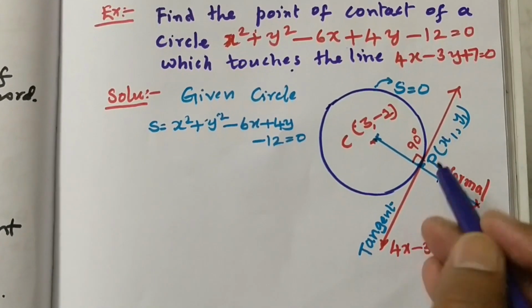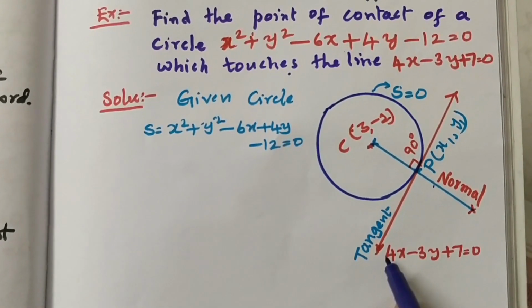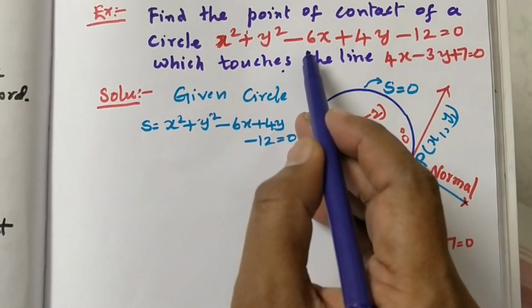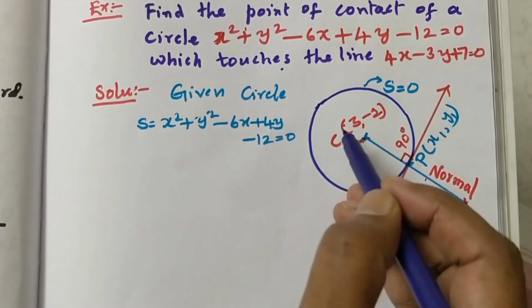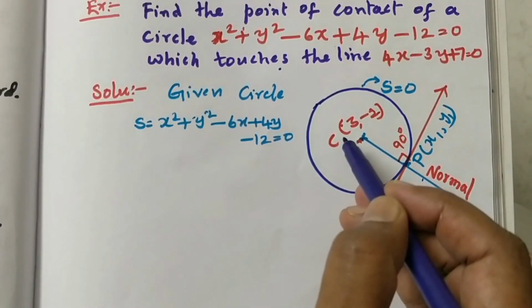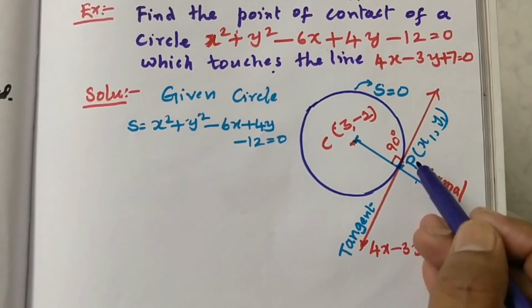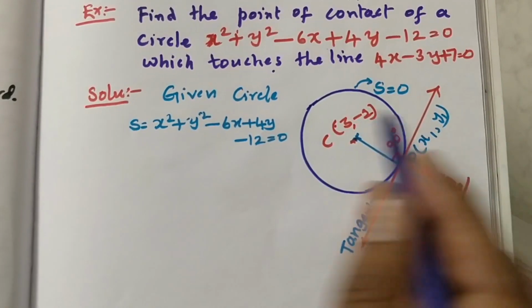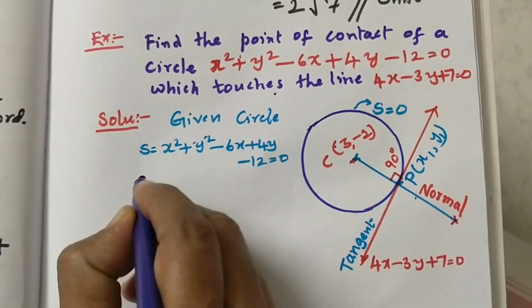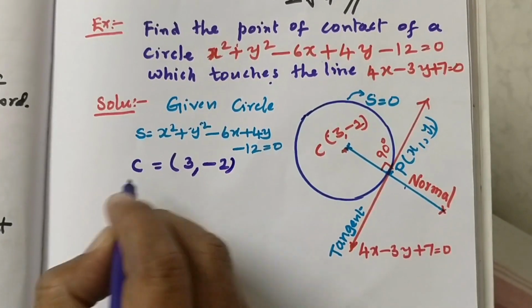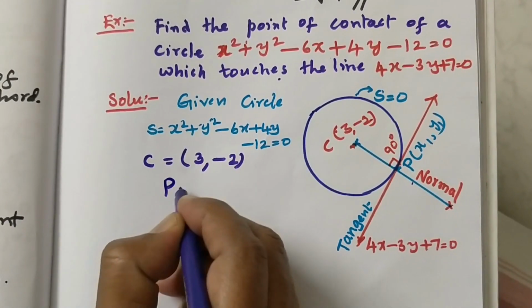Okay. The center of this circle is minus g comma minus f, that is 3 comma minus 2. That is my center. The point of contact I am taking as x1 comma y1. Right? Center C is equal to 3 comma minus 2 and point P is equal to x1 comma y1.